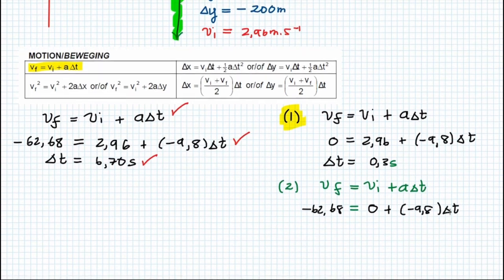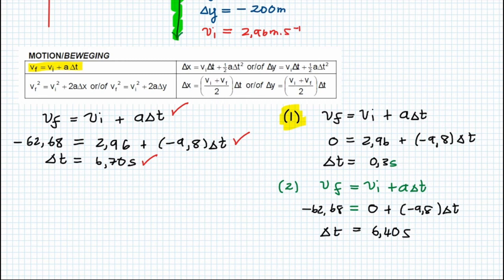When we manipulate the formula, we obtain an answer of 6.4. So the time is going to be 6.40 seconds. All right, if you just say 6.4, that will be okay.